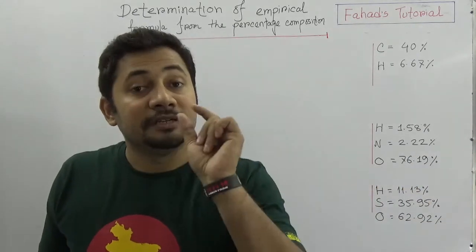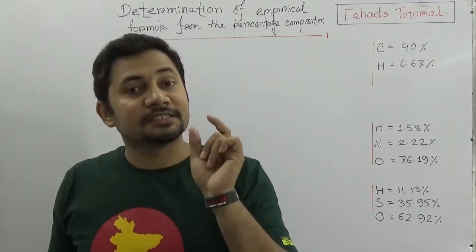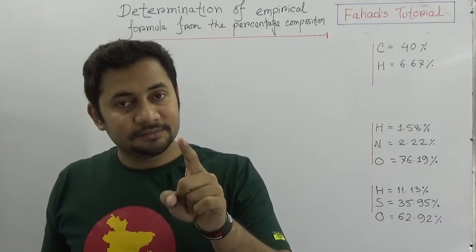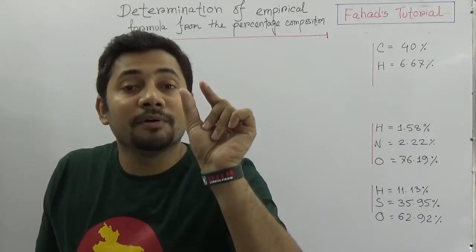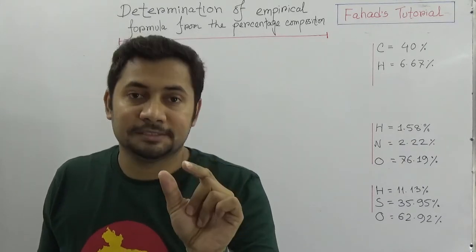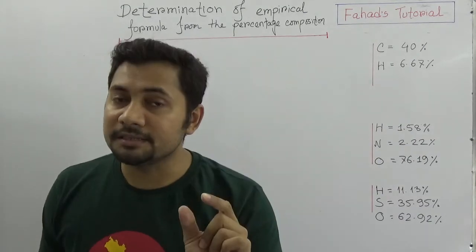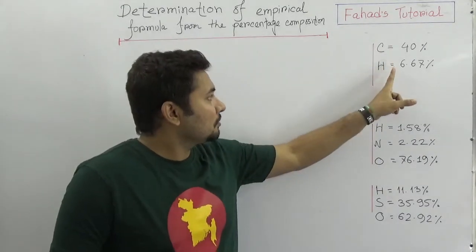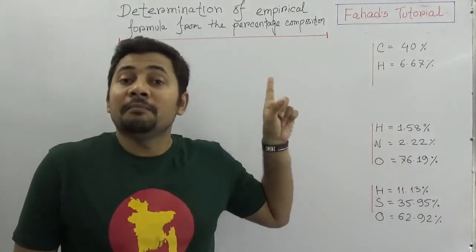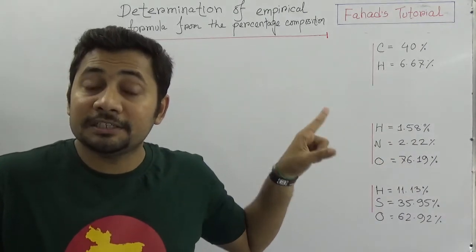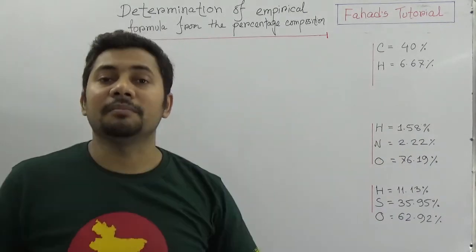We have to divide this percentage composition according to the relevant atomic mass. So we have to divide each percentage composition by their own atomic mass, not the number.